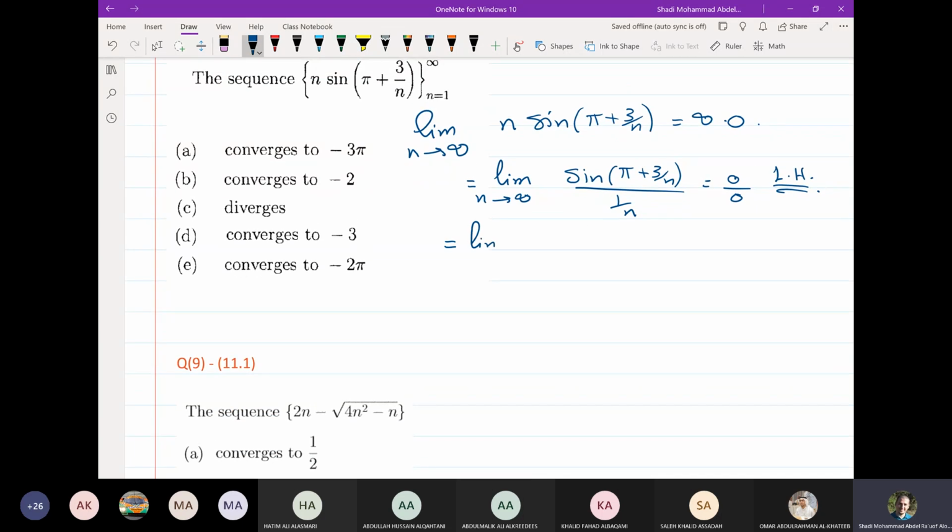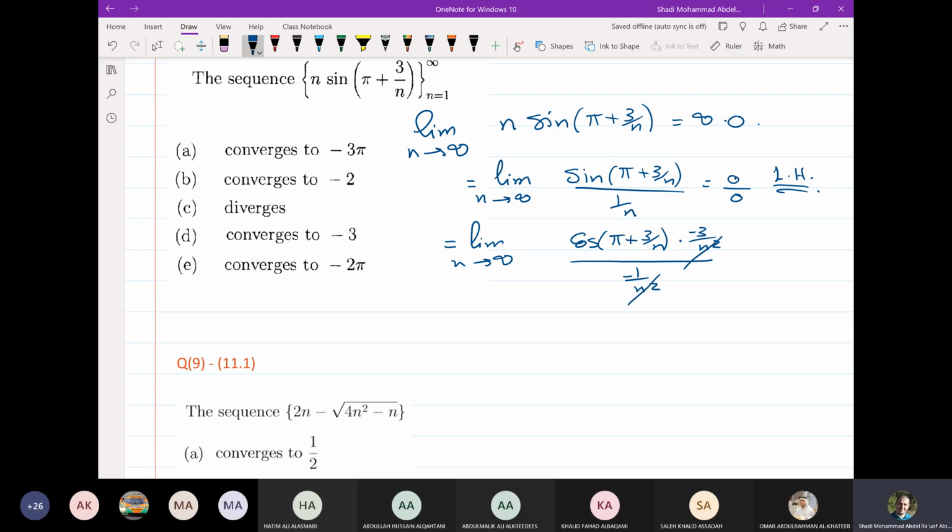You take the limit as n goes to infinity of the derivative of the numerator over the derivative of the denominator. The derivative of sine is cosine of pi plus 3 over n, multiplied by the derivative of the interior, which is minus 3 over n squared. Right? Correct. The derivative of the denominator alone is minus 1 over n squared.